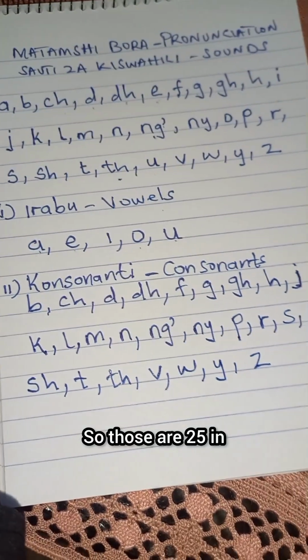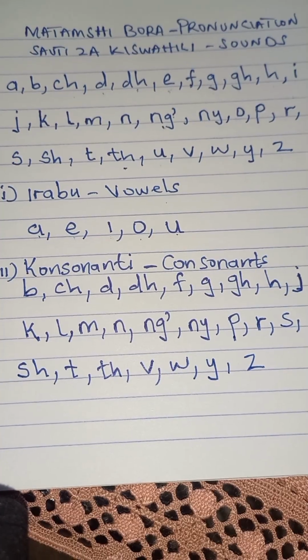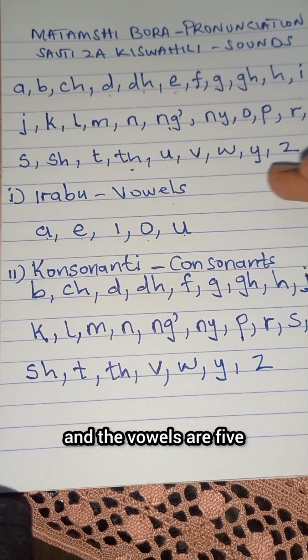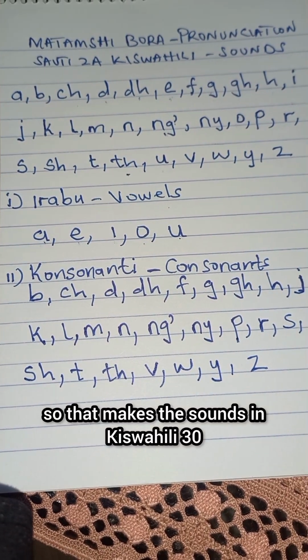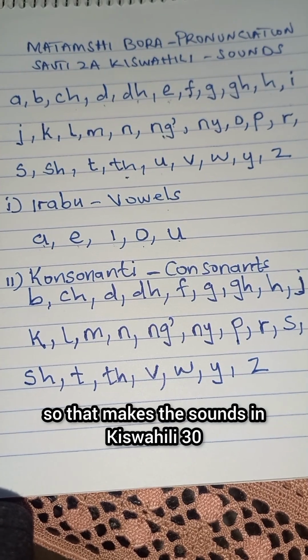So those are 25 in total, and the vowels are 5. So that makes the sounds in Kiswahili 30.